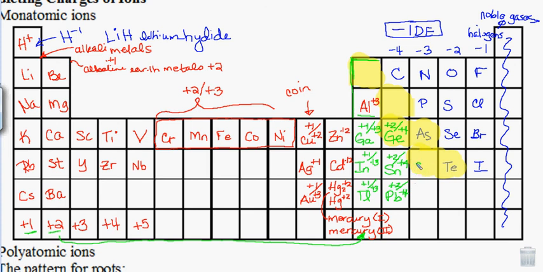Next to tin is antimony. Notice it is Sb. And again, you're going to have a positive 5 as an option. Bismuth also with a positive 5. And then again, because it's the third group in this new area, it's going to be positive 3 as its other option.